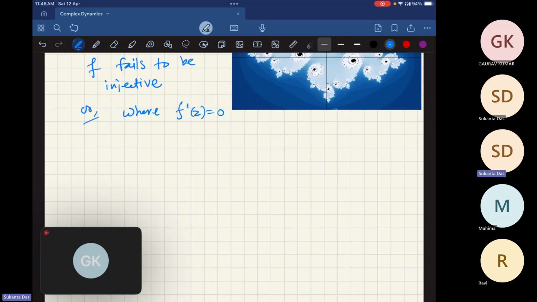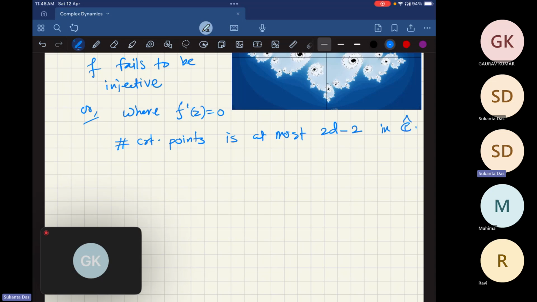Okay, so now for a rational map of degree at least 2, the number of critical points is at most 2d minus 2 in C hat. So I am considering in C hat.